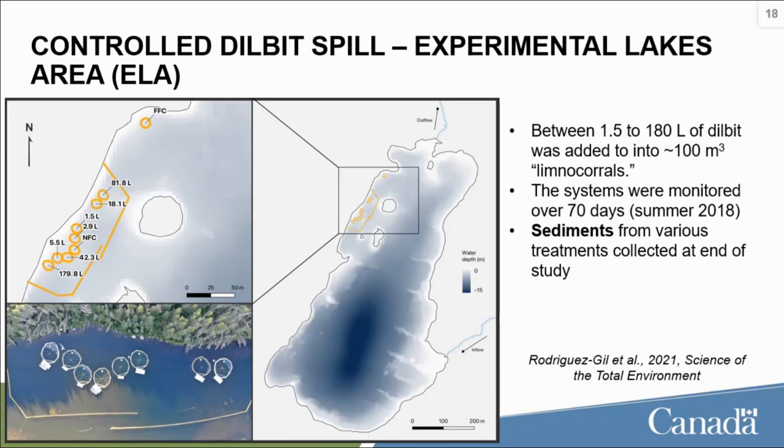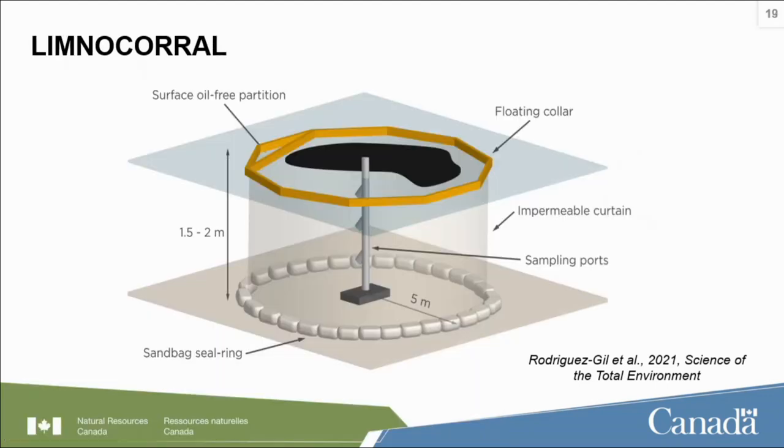So in this case, they went to the Experimental Lakes Area and built these windmill corral systems, and dumped a bunch of dilbit at very high concentrations. And we analyzed the PLFAs and the carbon-14, carbon-13 values in PLFAs in sediments to see if dilbit was being utilized as a carbon source by microbes. That's just up close, the windmill corral.